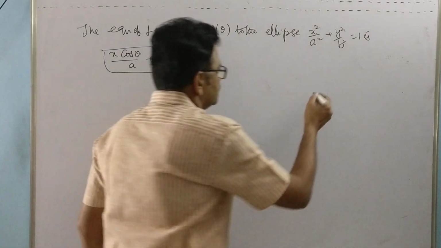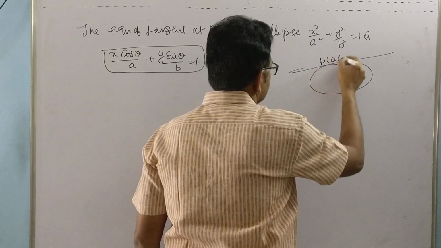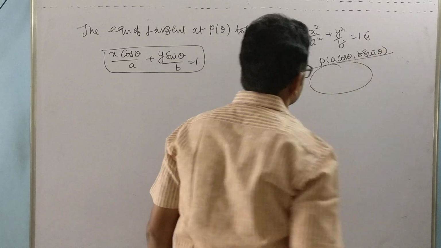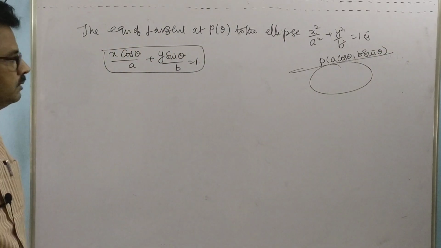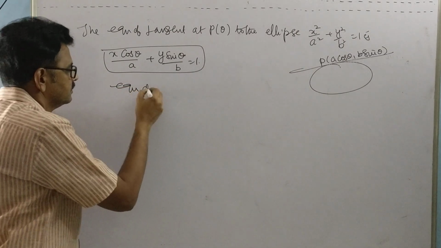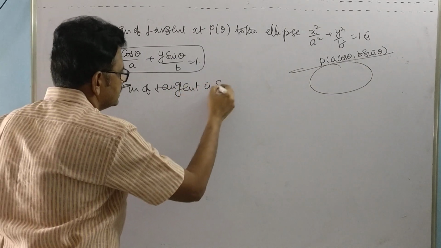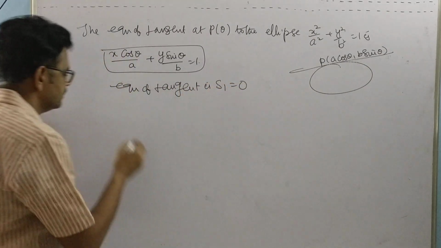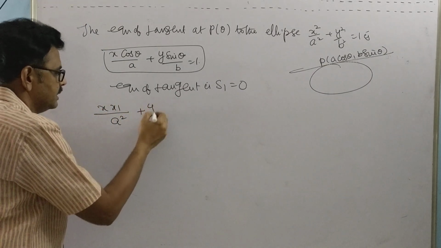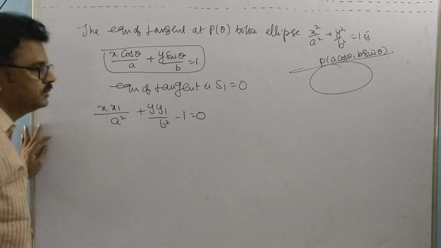Okay, now this is the point. P theta means A cos theta, comma B sin theta. Now what is the equation of tangent? S1 equal to 0, where S1 is xx1 by A square plus yy1 by B square minus 1 equal to 0.